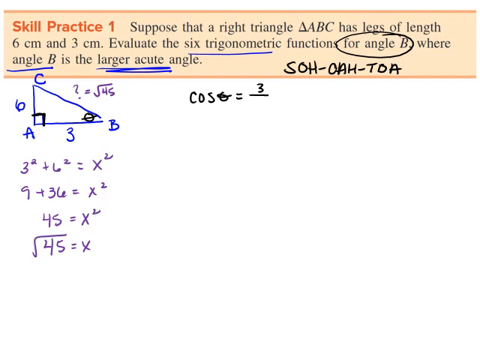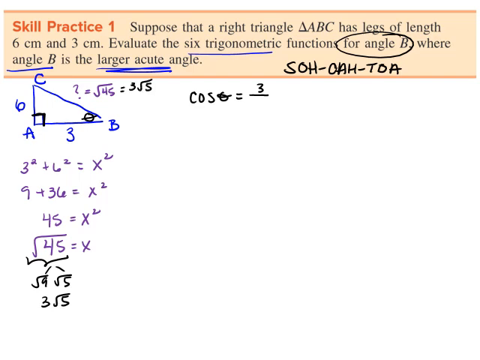When we rationalize the denominator, this is fine, but if you want to reduce this radical, you certainly can. You can break this down into the square root of 9 times the square root of 5, or write it as 3 root 5.